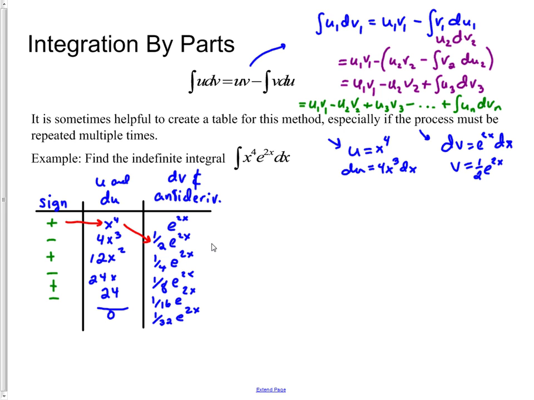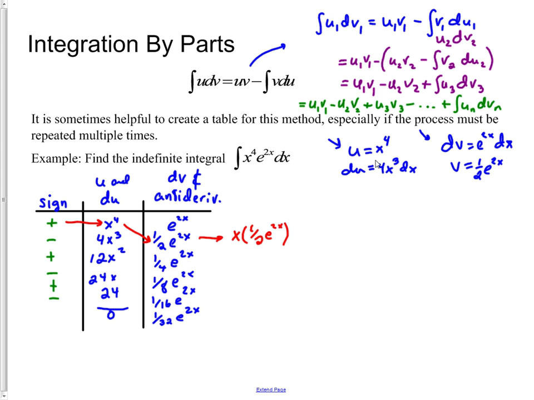So we're going to end up with a term that looks like the product x to the 4th times 1/4 times 1/2 of e to the 2x, right?